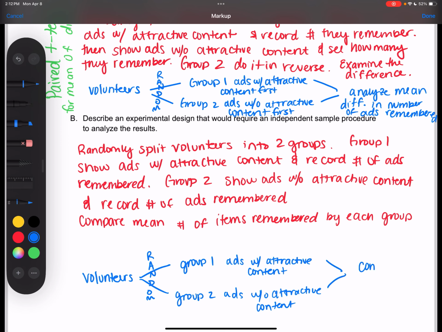And then finally we compare the means. Compare mean number of items remembered. And for this would be a 2 sample t-test for means.